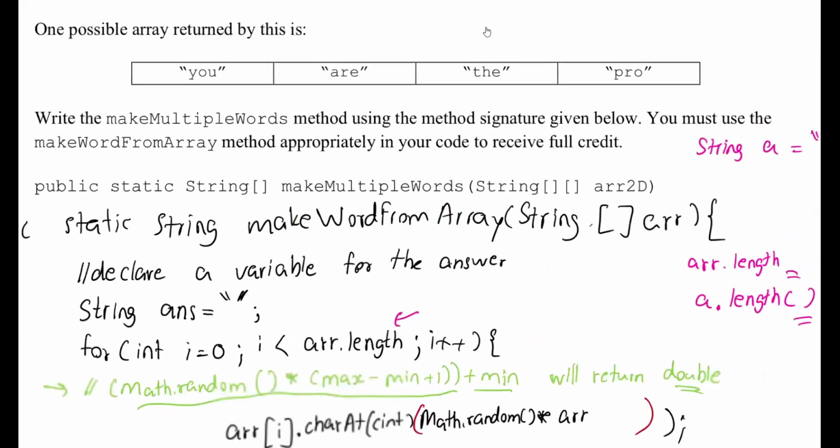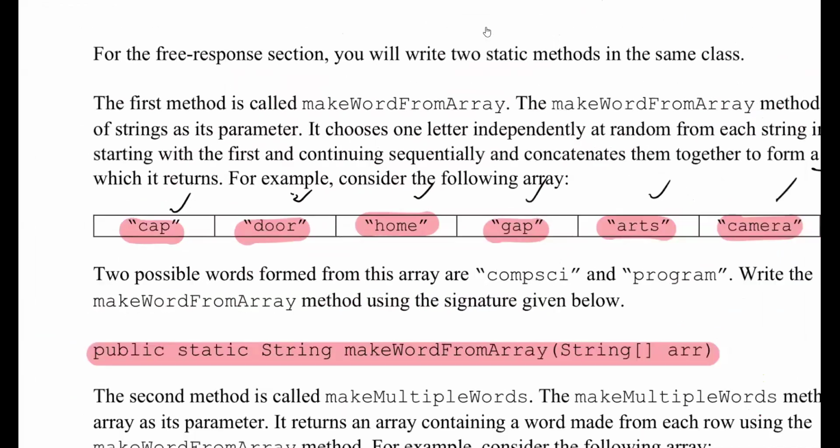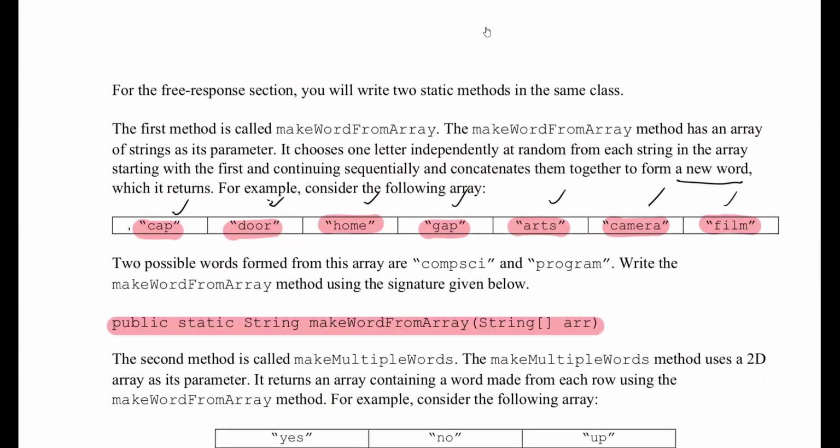Let's look at an example. Array.length minus one. Yeah, but the thing is, array.length means here 1, 2, 3, 4, 5, 6, 7. This is the array.length. But look at this word. It only has 3 letters.